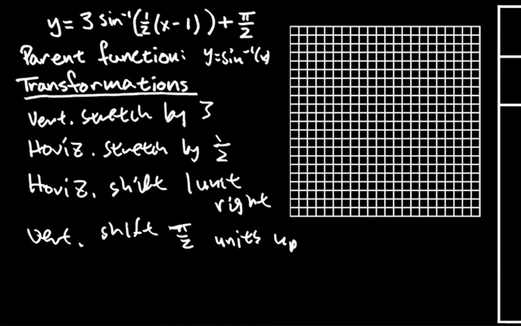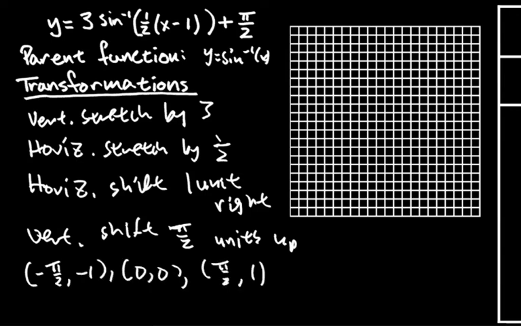Okay, so if we think about the important points in asymptotes and whatnot for this, well, let's see. There are no asymptotes anyway. But the important points are negative pi over 2, -1, 0, 0, and pi over 2, 1.